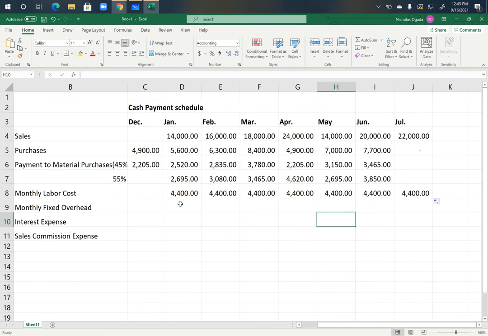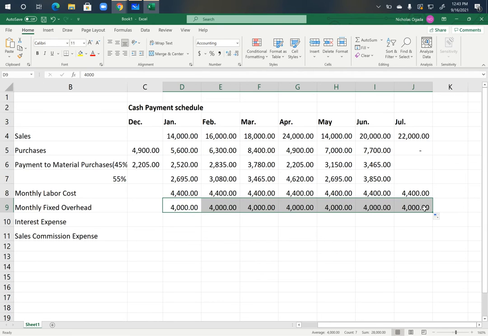And we're told the monthly overhead is 4,000 a month. Again, just copy that for each month.